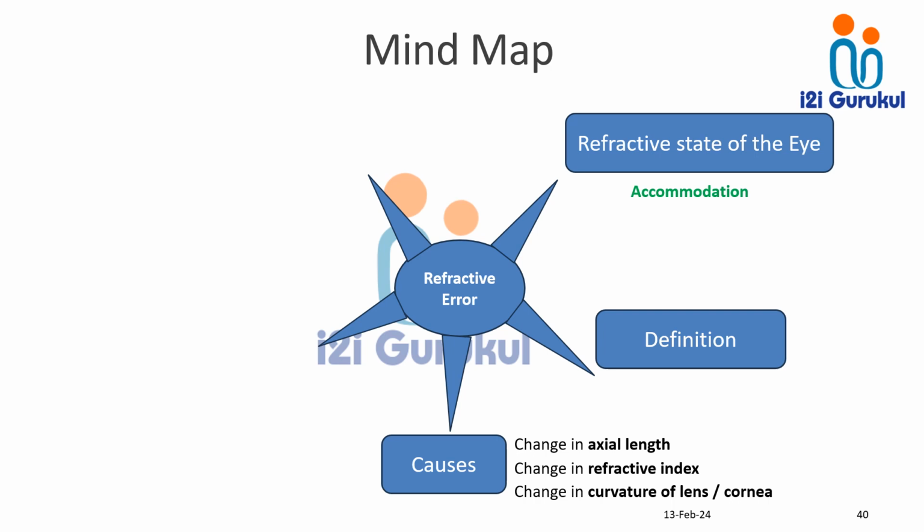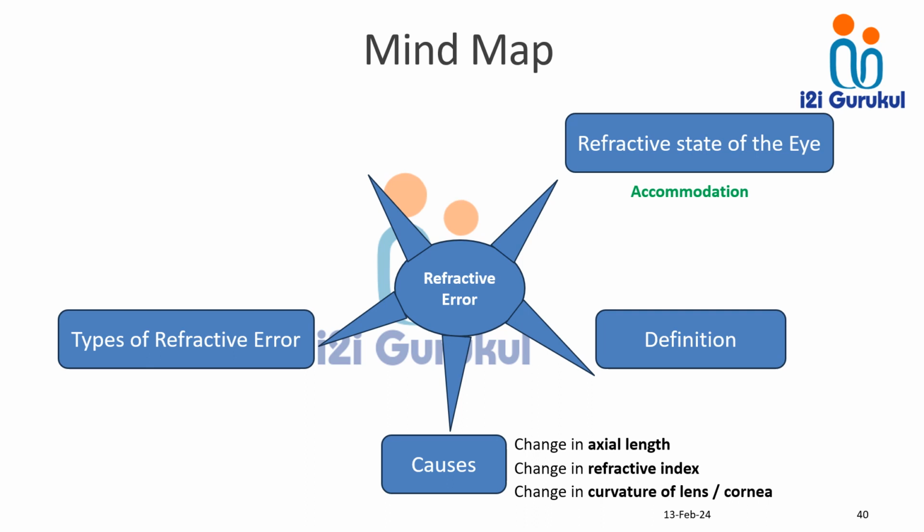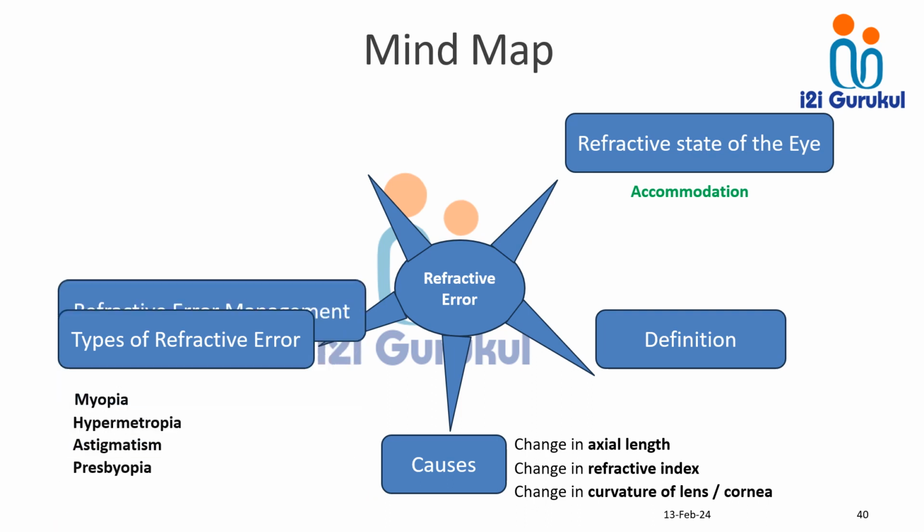Then we came to the types of refractive error, emmetropia and ametropia. Emmetropia means no refractive error, where the patient can see 6/6, that is normal vision without correction. Ametropia consists of four types: myopia, hypermetropia, astigmatism, and presbyopia.